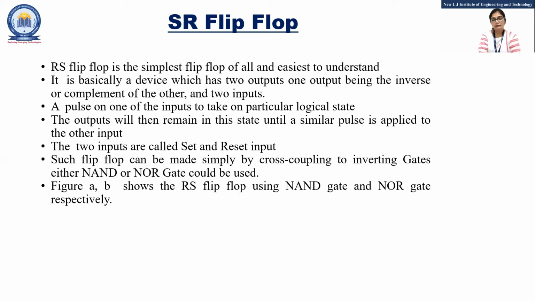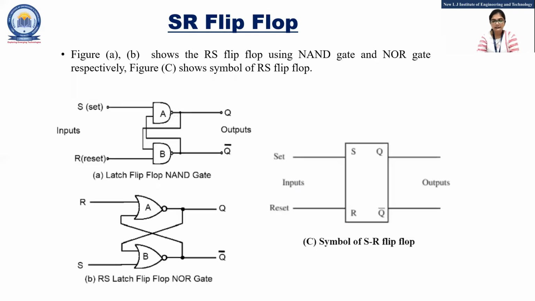Such a flip-flop can be made simply by cross-coupling two inverting gates. Either NAND or NOR gate could be used. Now we will see the figure, the detail of NAND gate SR and NOR gate SR flip-flop, or you can say RS flip-flop. Figure A shows RS flip-flop using NAND gate. You can see here there are 2 NAND gates.